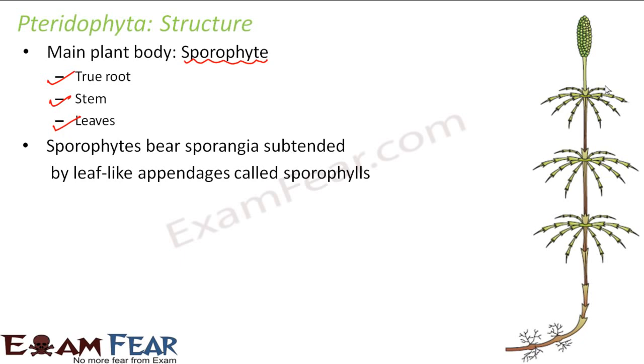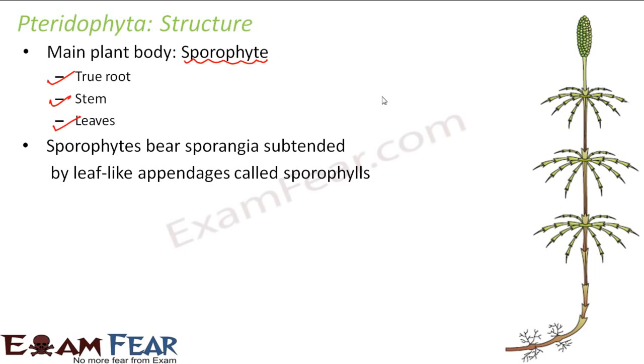These leaf-like structures surround the sporangia together, and the sporangia contain the spores. The leaf-like structures are known as sporophylls. Inside the sporangia we have the spores, and these spores germinate to form a new plant again. That is why pteridophytes mostly reproduce by spore formation.